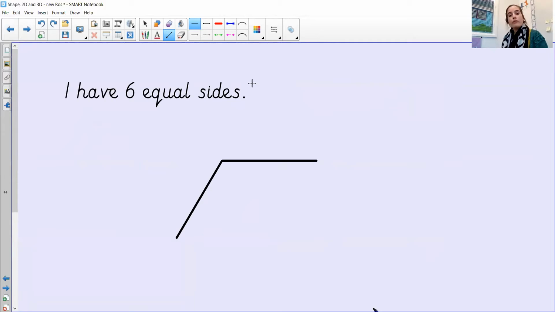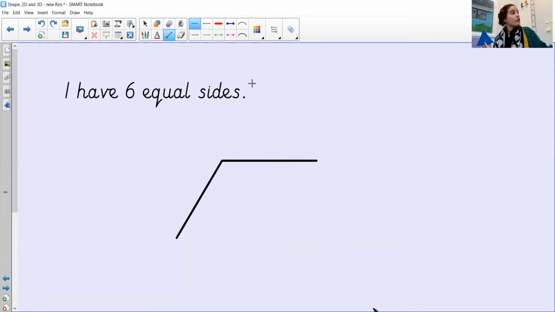So you could do this with a brother or sister, or your grown up at home, and you're going to hold your shape up in front of you, but so they can't see it, you should be back to back. And you're going to describe your shape using vertices, using sides, using words such as unequal and equal.